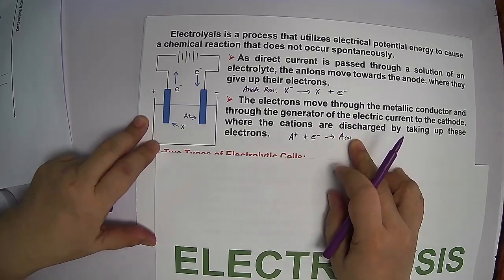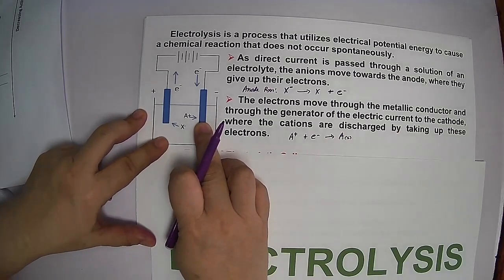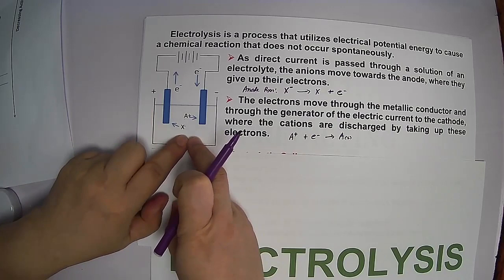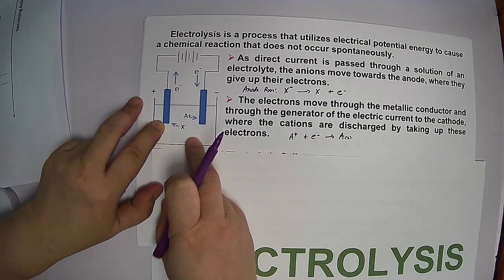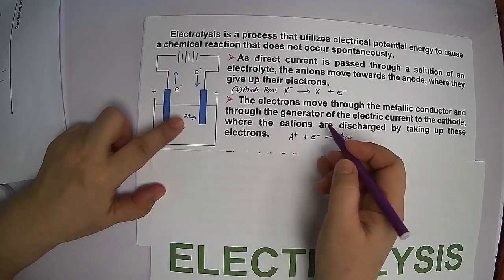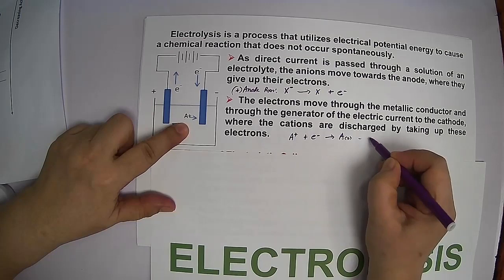So it is being reduced. That is the reaction that takes place at the cathode. So if the anion is moving towards the anode, therefore the anode is positively charged. This is your cathode reaction.